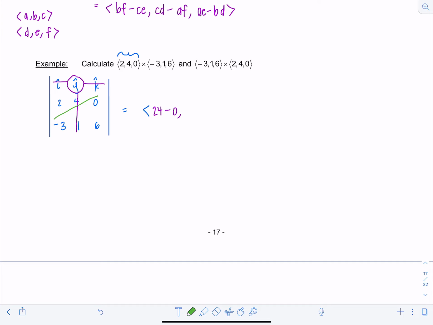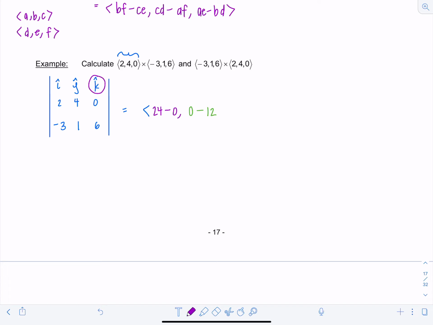So I will do this product, which is going to be 0, minus this product here, which is 12. And then now I don't need to worry about adding in an extra negative. Okay, good. Now let's move on to the last one, K hat.